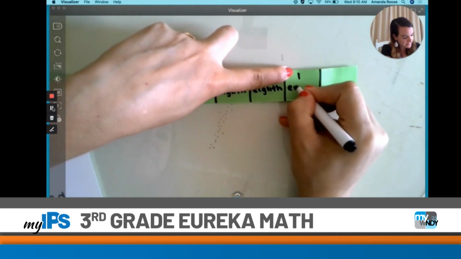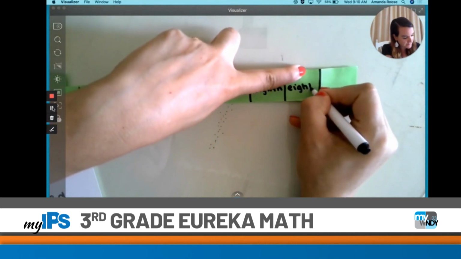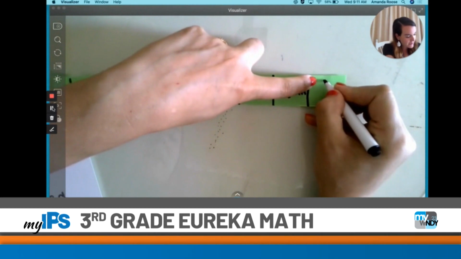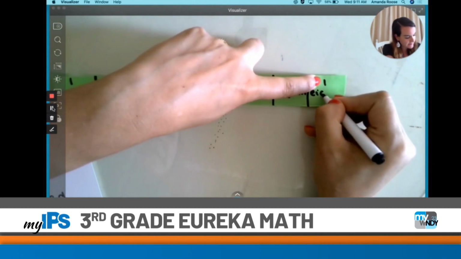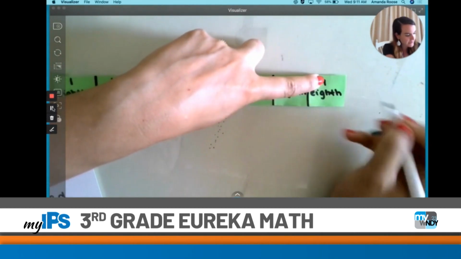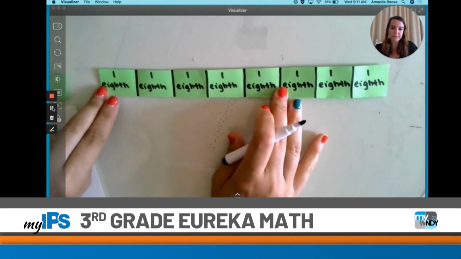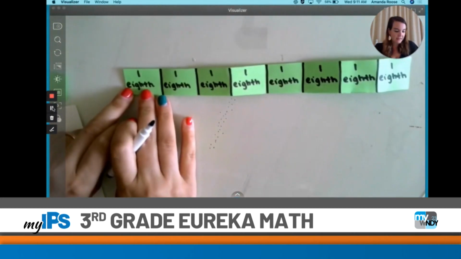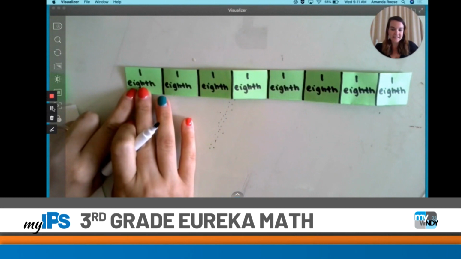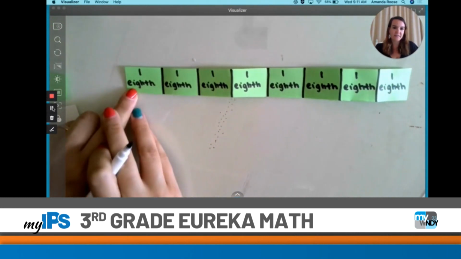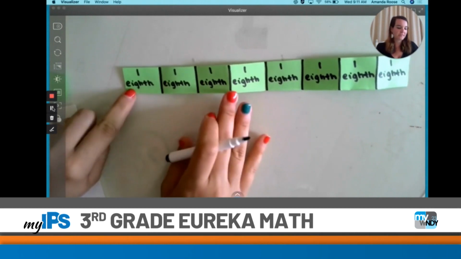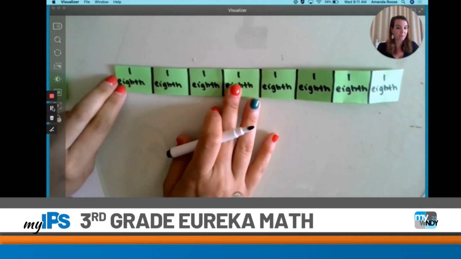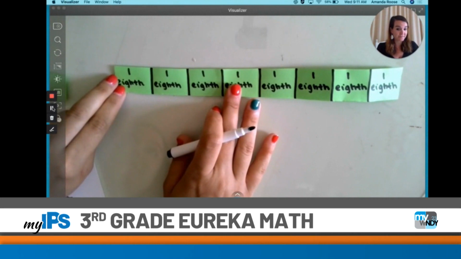Almost done. I'm noticing that it looks very much like the whole number. Here's the word 8 inside of eighths. That's really helpful for me to remember what each fractional piece is called.